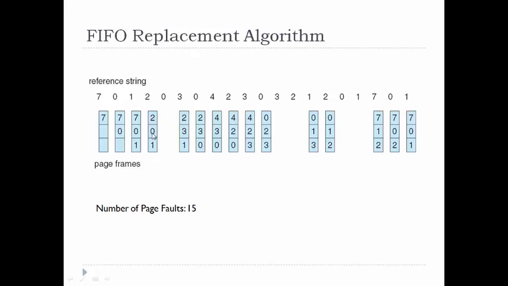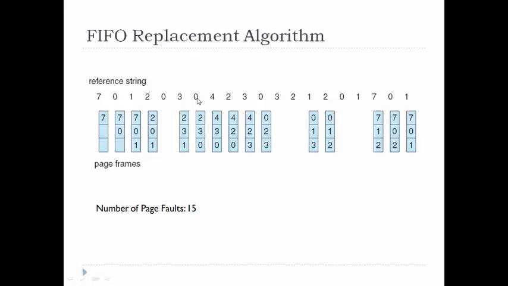Since 0 was inserted first, then 1 came next and 2 came next. So we are going to insert 3 in the place of 0. So we have 2, 3 and 1.